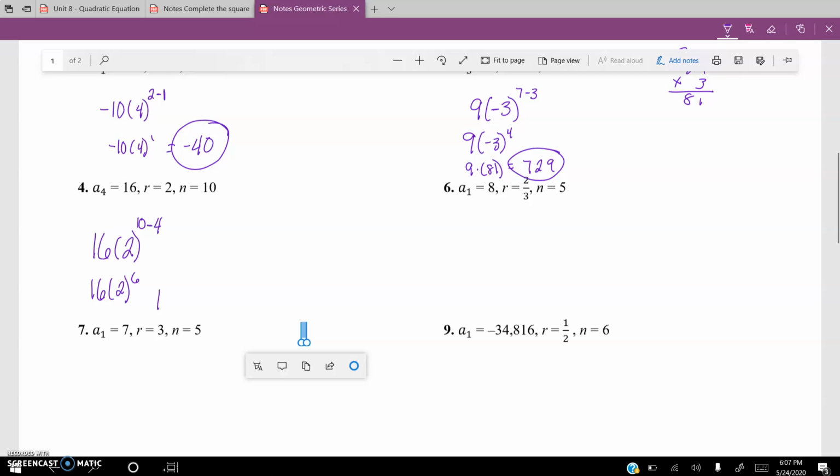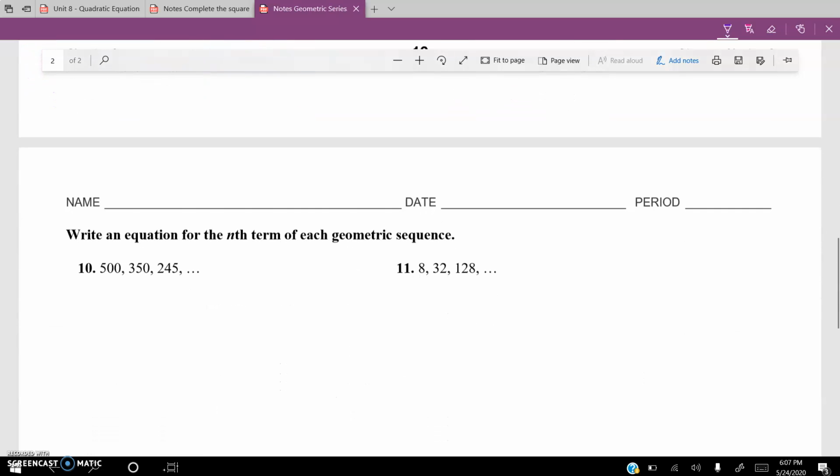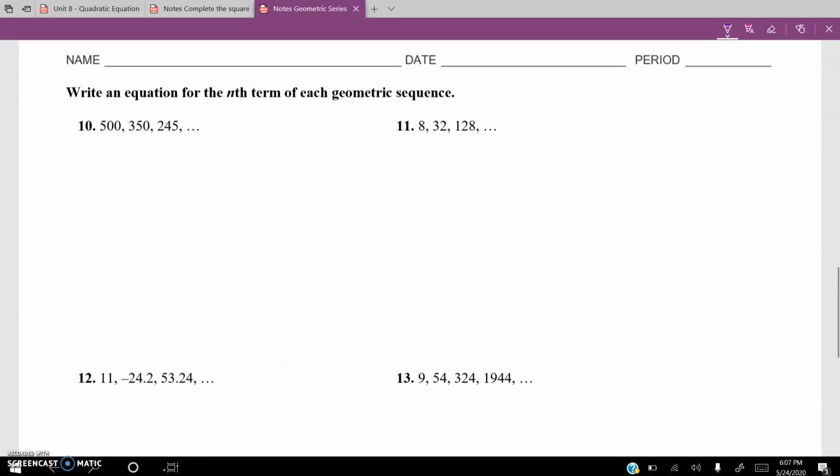So 16 times 64 is 1,024. Now 6, 7, and 9 all start at term 1, so you're going to subtract 1 like we did for example number 1. And if you want, I will post those notes available to you as well. But let's go to the next section.